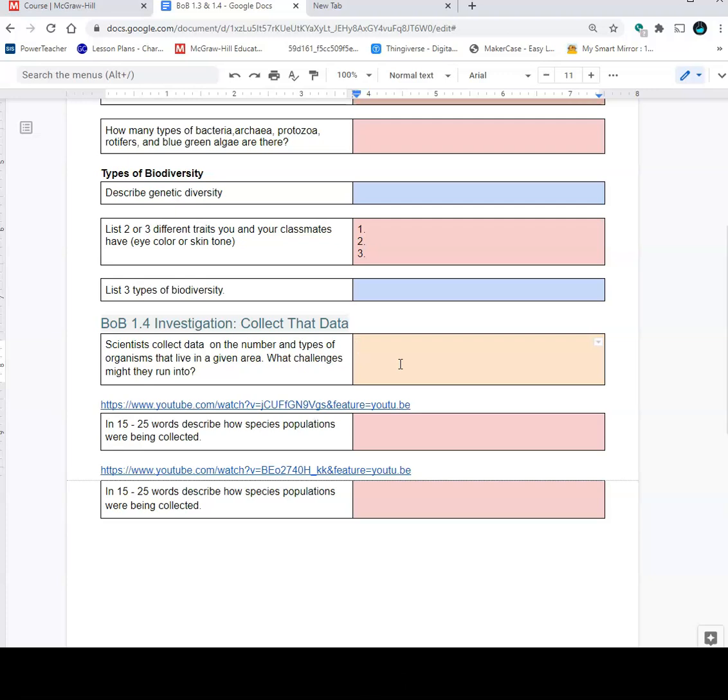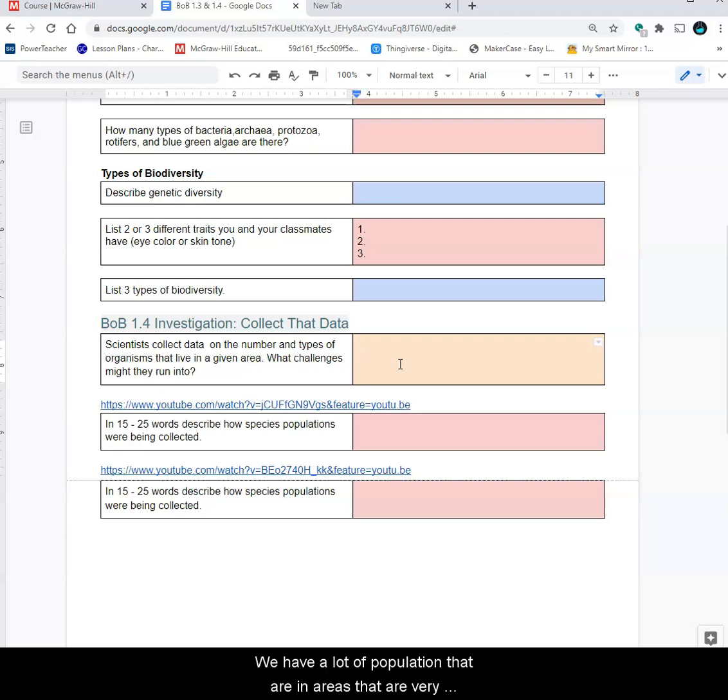Besides the species and populations moving from one place to another as you're counting them, we have some populations that breed and multiply very quickly. As far as those dynamic changes, we have some populations that die off very quickly.